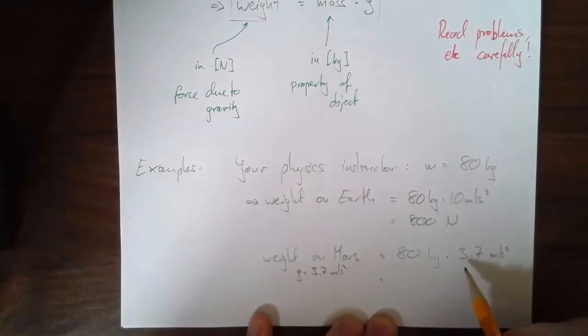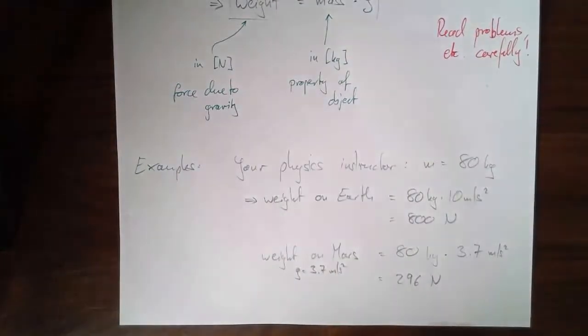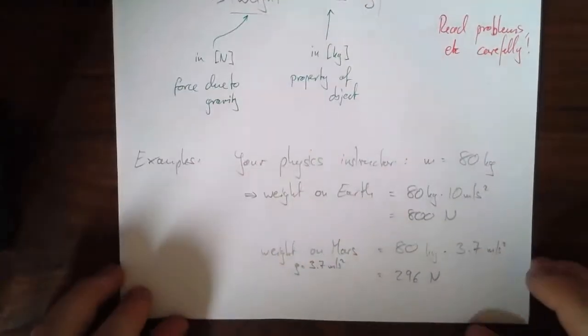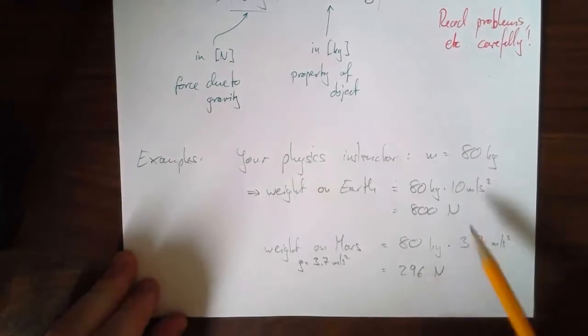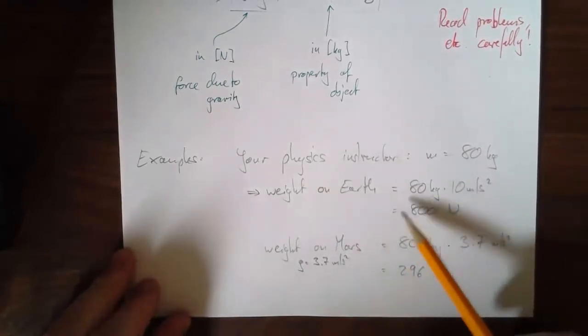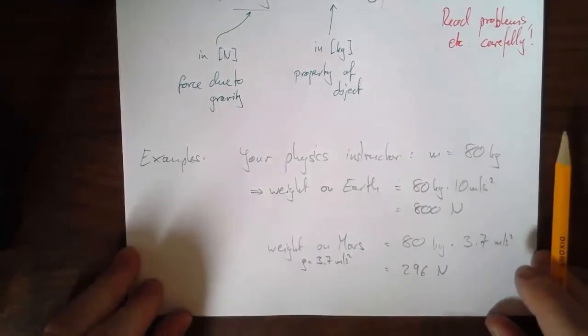This makes in my books, let's have a look, something like 296 newtons. I feel like my brain feels a bit rusty today. So a lot less. I weigh a lot less on Mars than on Earth, even though my mass is exactly the same.